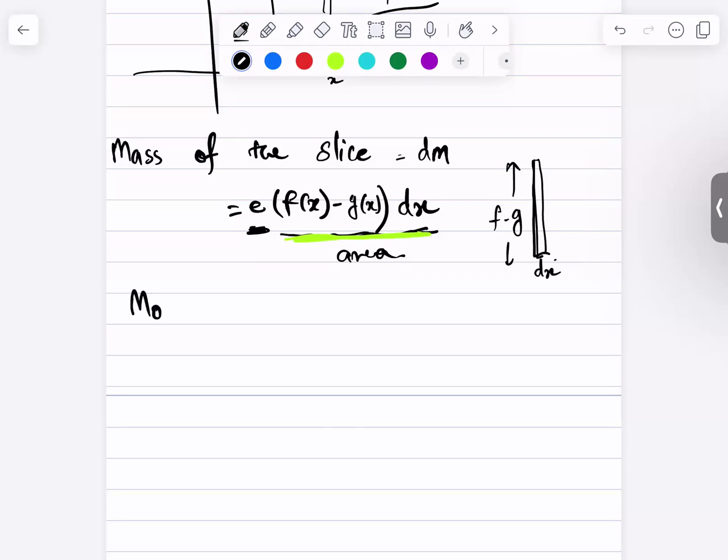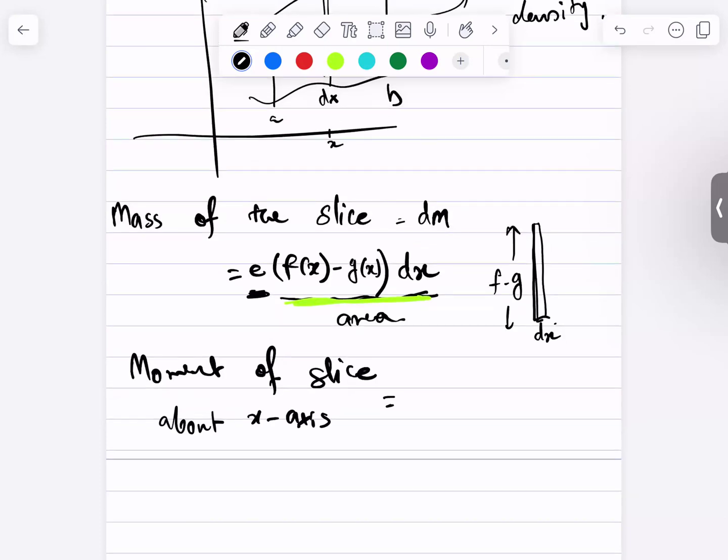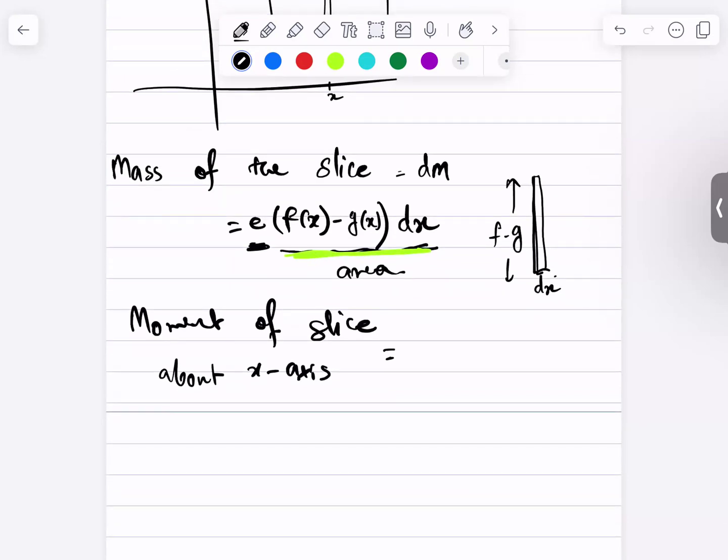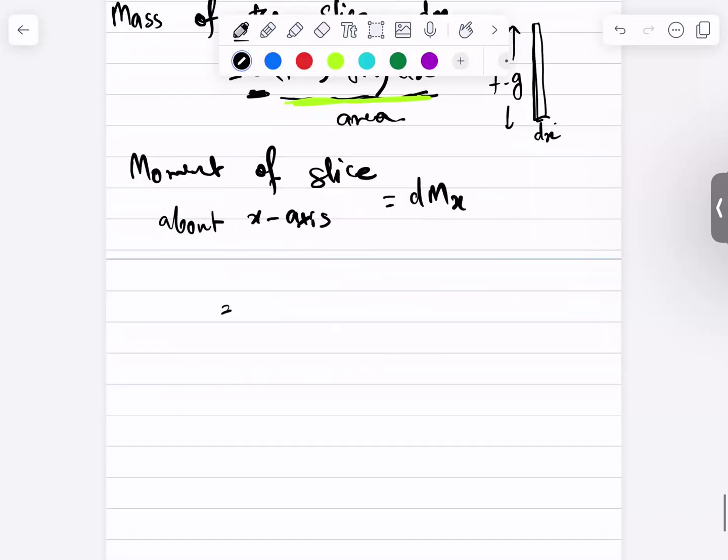What is the moment of the slice about the x-axis? Here I have two dimensions, right? So I need to consider moments about the x-axis, and also moments about the y-axis. This is dMx in notation, which is basically dm times one half (f(x) plus g(x)).